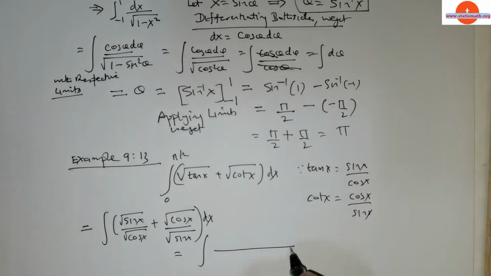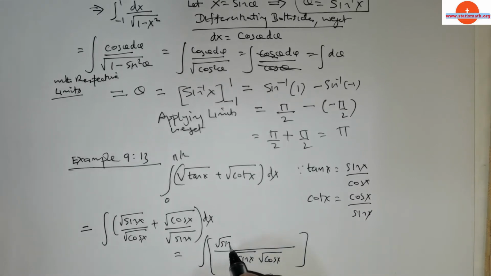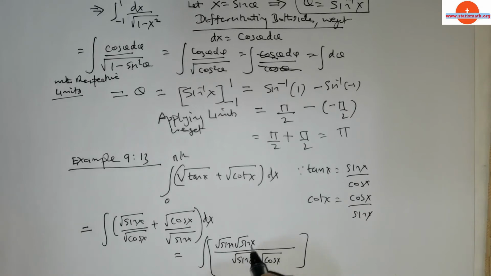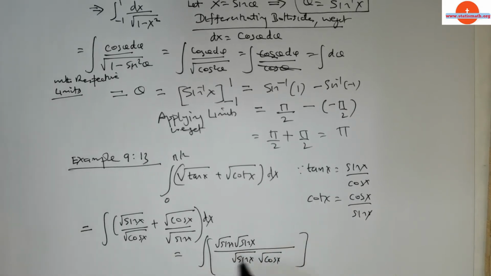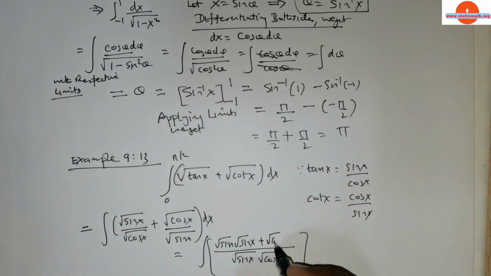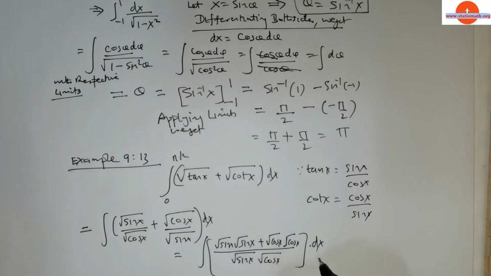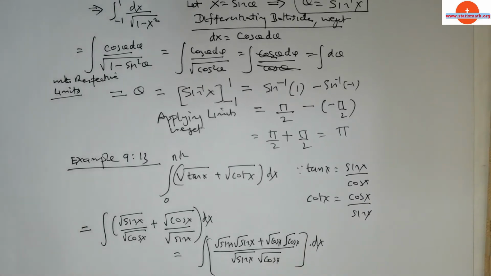I can take the LCM, and that would be root of sine x times root of cos x. Now clearly this is going to be root of sine x times root of sine x, because root of cos x and root of cos x can be cancelled, plus root of cos x times root of cos x times dx. So this is what we have got.